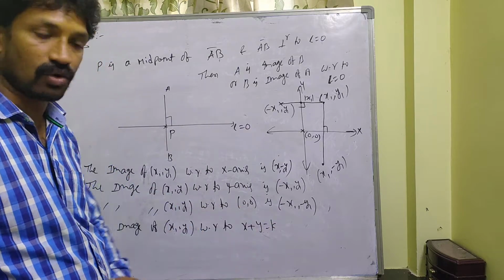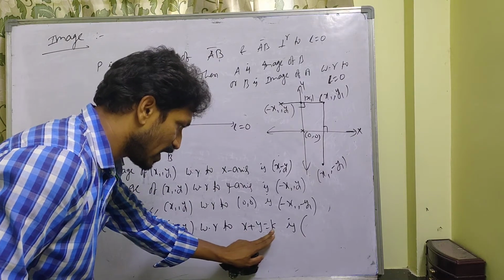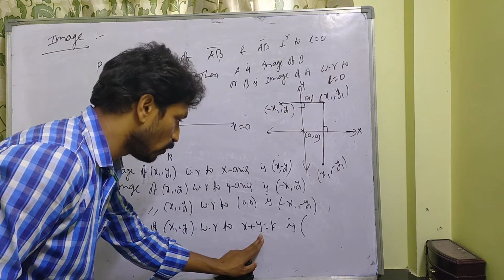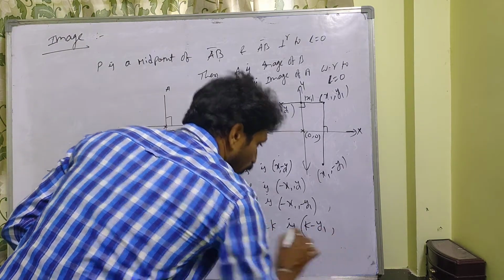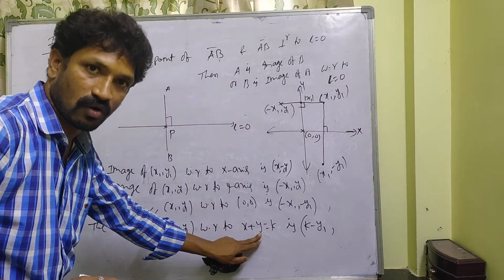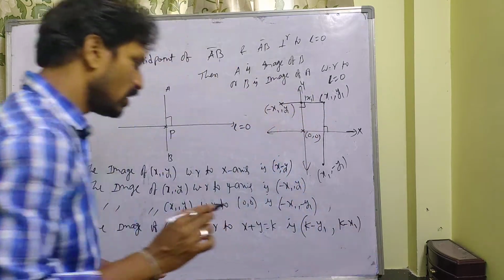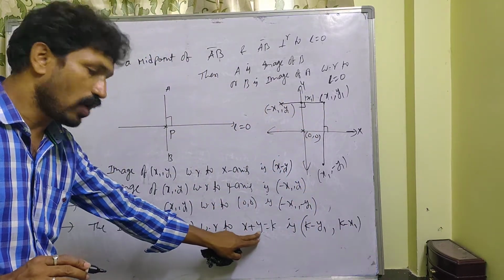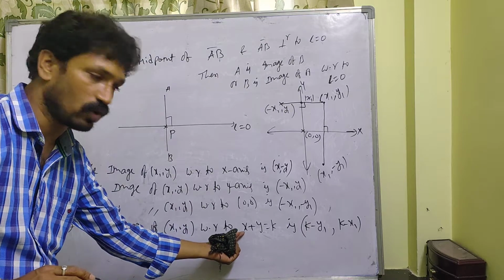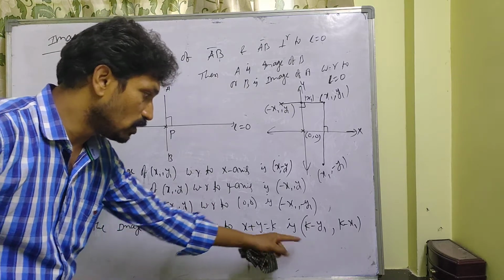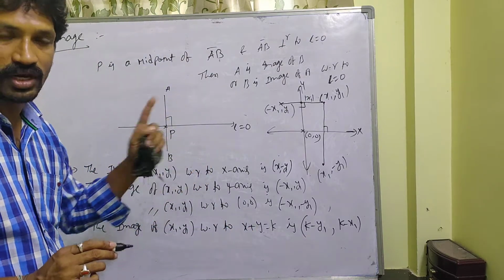Here, for x plus y is equal to k, the x coordinate is taken as k minus y. So here y means y1, you have to take, with respect to x1 comma y1. So what is that? K minus y1. And in the place of the y coordinate you should write, y is equal to what? K minus x1. This formula is useful whenever your x and y coefficients are only 1 or minus 1. Okay, here what is the coefficient of x? 1. What is the coefficient of y? 1. So this formula is useful only whenever these coefficients are 1 or minus 1. Then only it is possible.